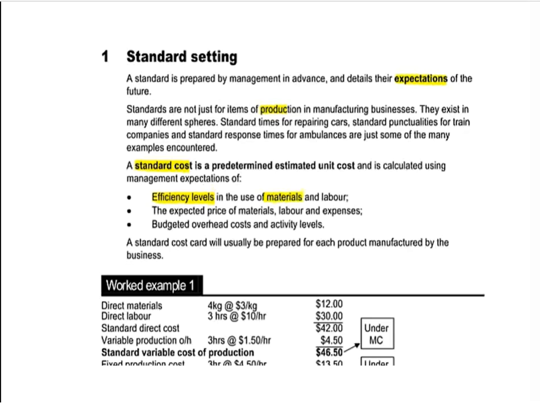So perhaps if it's expected that there will be some wastage, that will be built into the standard. We'll also be looking at the expected price of those materials, those ingredients, and any labour and expenses. And we'll also be thinking about any overhead costs. And what we're going to do then is have a standard cost for each product that the company is manufacturing. And we'll see an example of one of these in a moment.